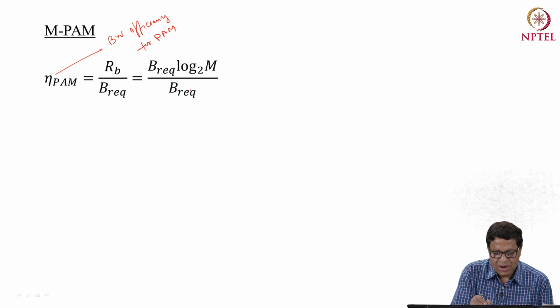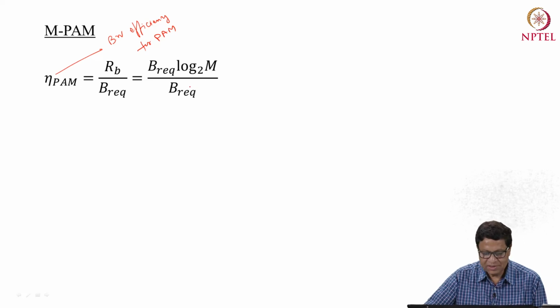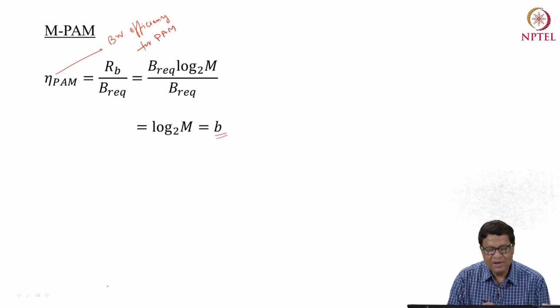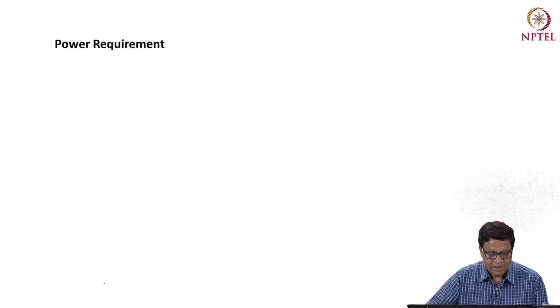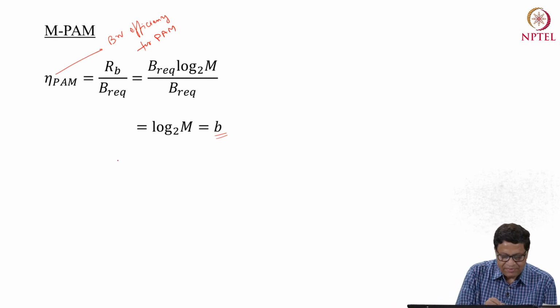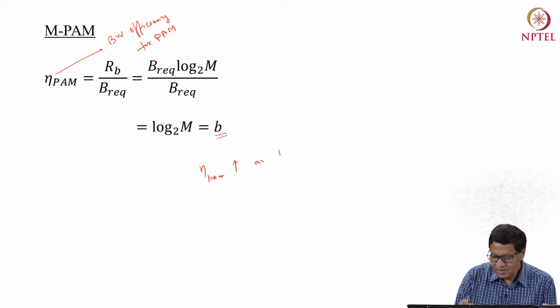B required in this case will be RB divided by log 2M, so the efficiency gives you log 2M, which in terms of number of bits can be written as B. So in this case for M-PAM, the bandwidth efficiency eta increases as B increases.